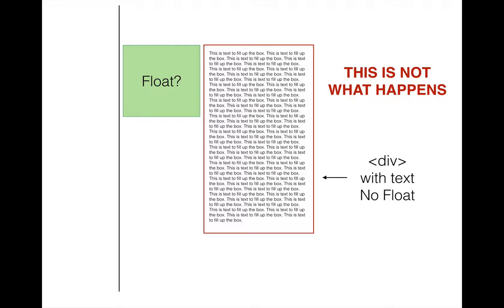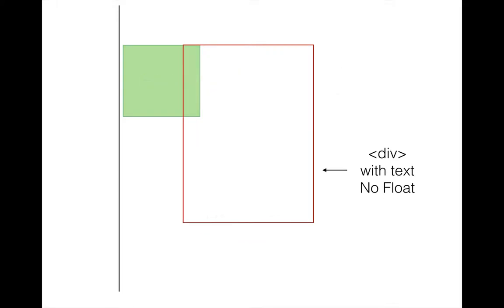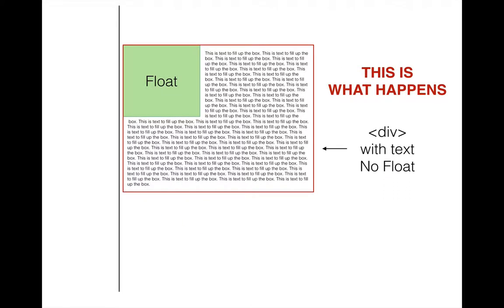So in order to get around this, what happens instead is this. The div, the red div with the text, the div itself goes underneath the float, but the text wraps around the float. So this is what happens when you use a floated object like an image in a figure tag, and then you float that, and then you have text around it.